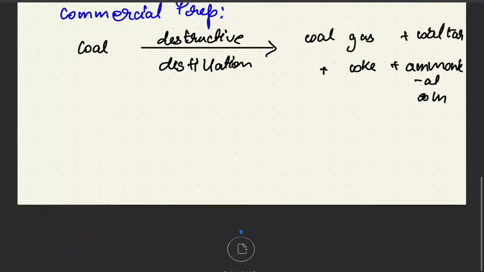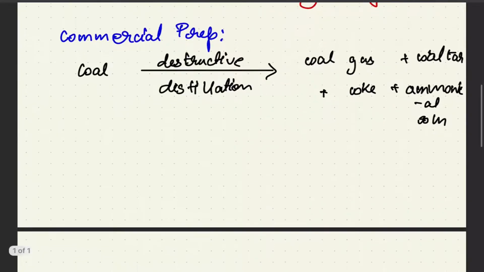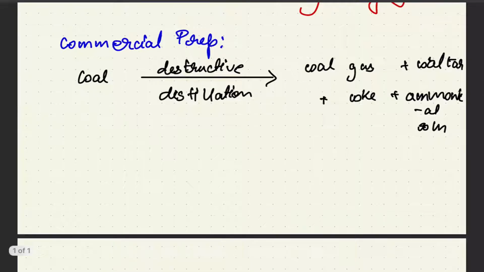In the process of destructive distillation of coal, we get the following four products: coal gas, coal tar, coke, and ammoniacal solution.